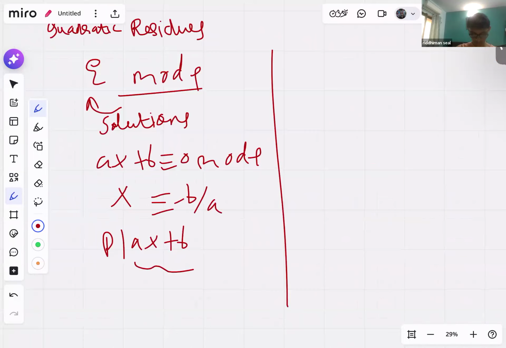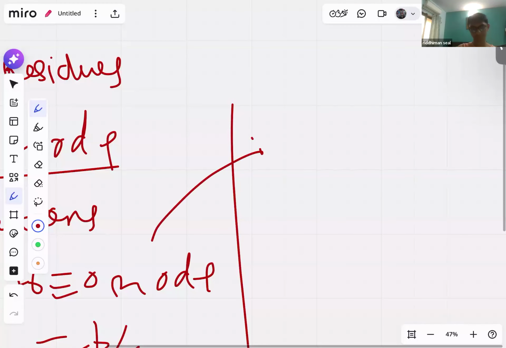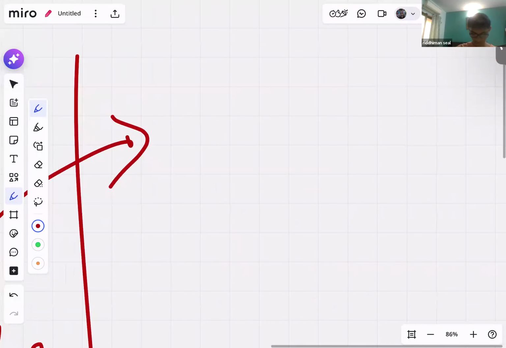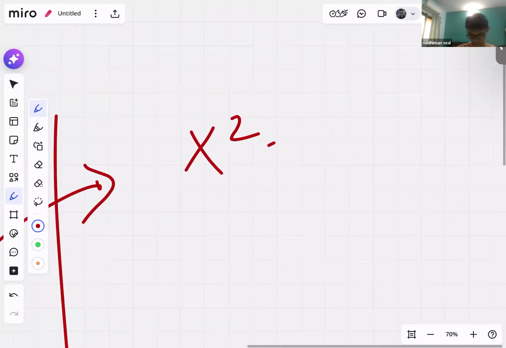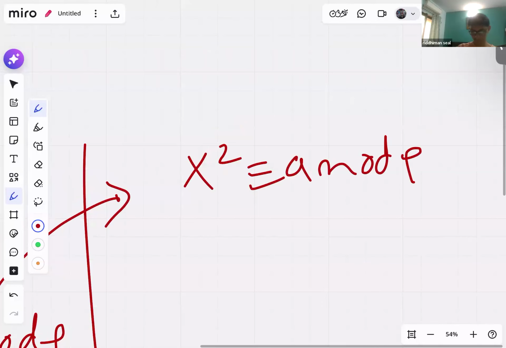Similarly, we want to generalize this from linears to quadratics, or maybe cubics or polynomials or anything like that. So, x squared congruent to a mod p. This is the equation that motivates this entire chapter.